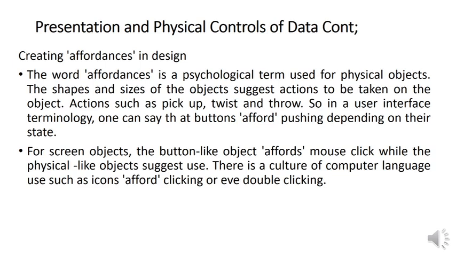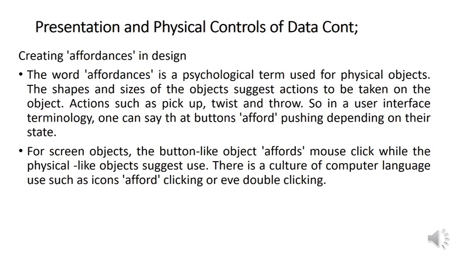Creating affordance in design. The word affordance is a psychological term used for physical objects. The shape and size of the object suggest actions to be taken on the object, actions such as pick up, twist, and throw.